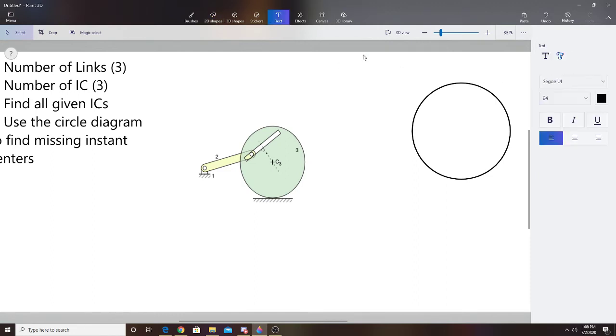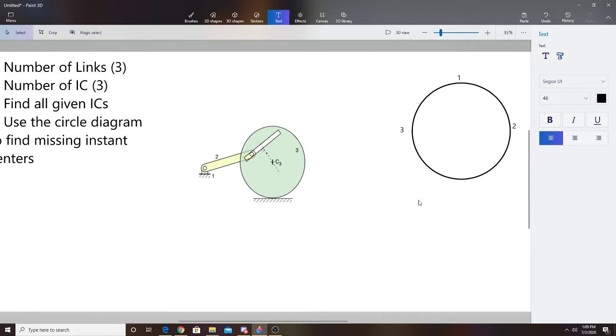And then what we're going to do is place 1, position that there, 2, and 3. Alright, so that right there is our circle diagram for this question.